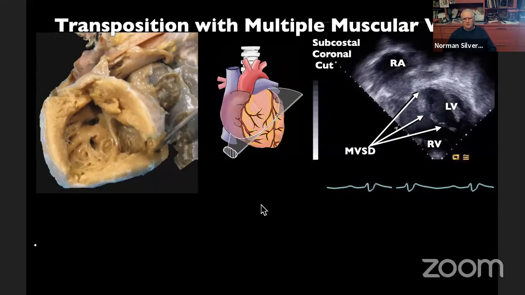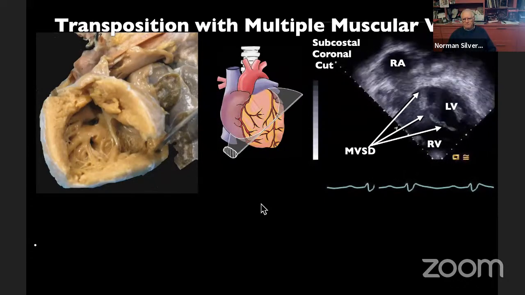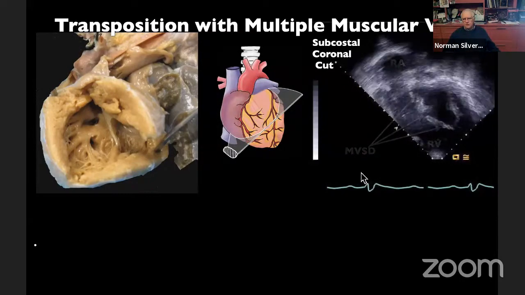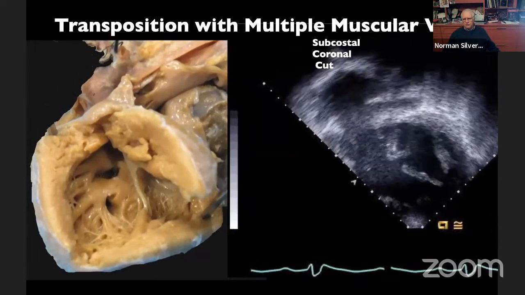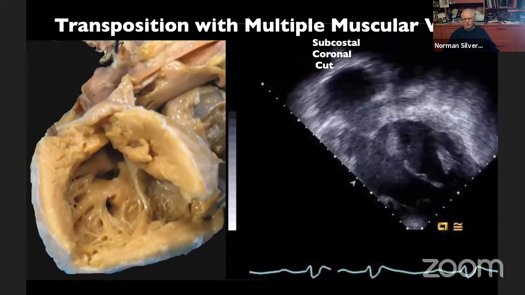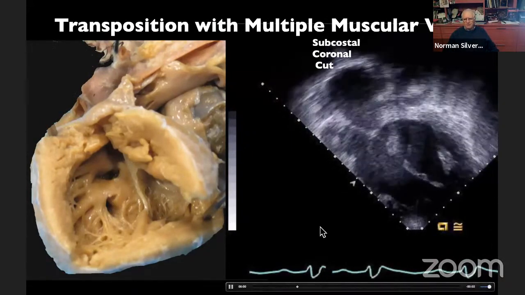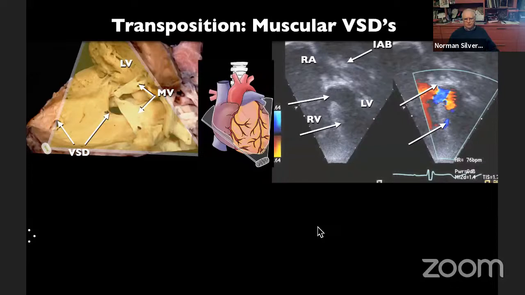So we're now looking at muscular ventricular septal defects, which are frequently multiple, as you can see over here. And you can see the ventricular septal defects there between the two there. And all of these multiple muscular ventricular septal defects.